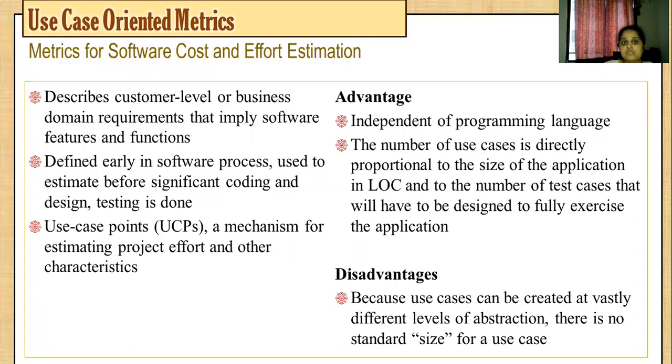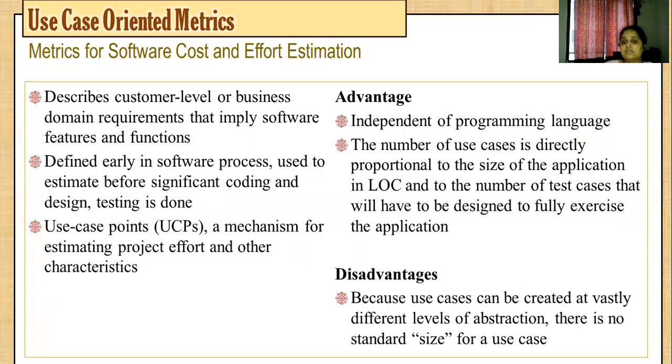Now, advantage of use case oriented metrics is it is independent of programming language, and the number of use cases which are there in the use case diagram is directly proportional to the size of application in the LOC. This is what it says, that it happens in this way. Number of use cases is proportional to size of application in the LOC and proportional to number of test cases that you will have to design in the application.